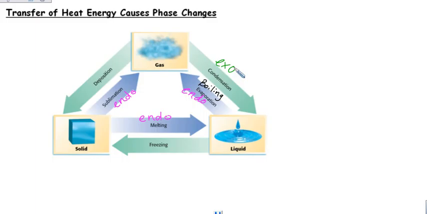Exothermic meaning that energy has to be removed. When the gas condenses to a liquid, in the liquid phase, the particles have less kinetic energy. We're removing energy from the gas particles. If I continue to remove energy from the liquid, we can freeze the liquid particles back down to a solid. So freezing is an exothermic change.